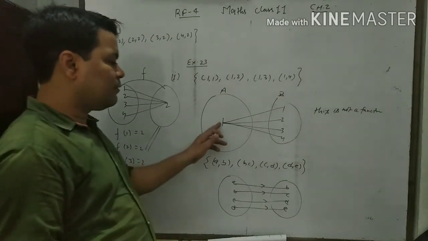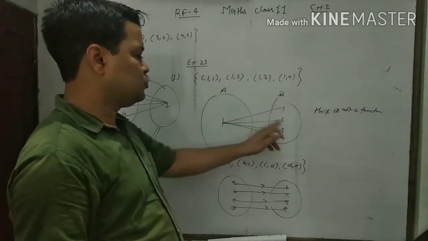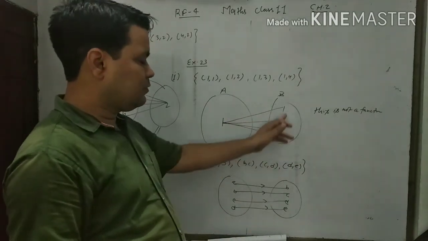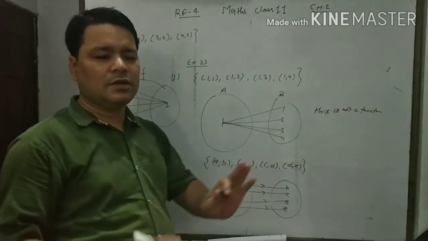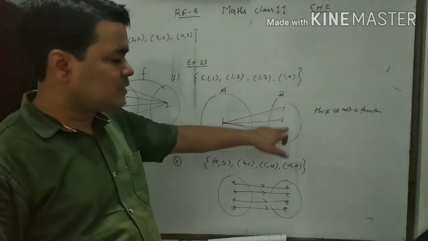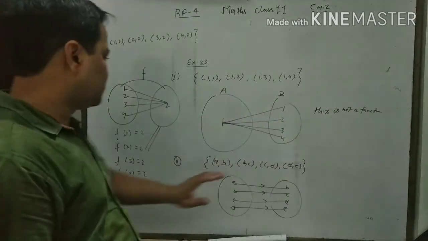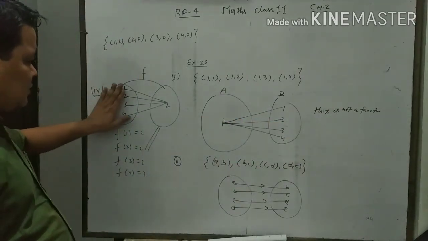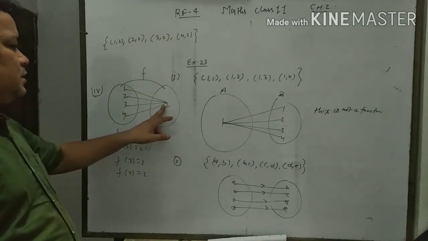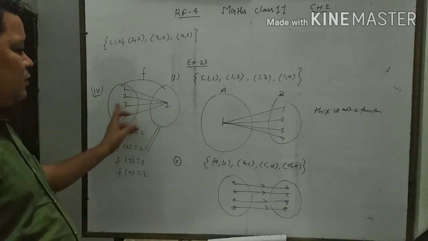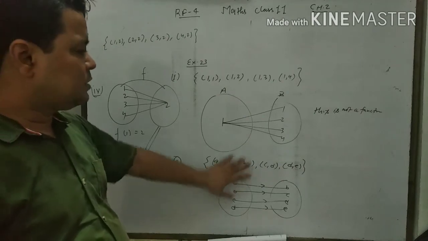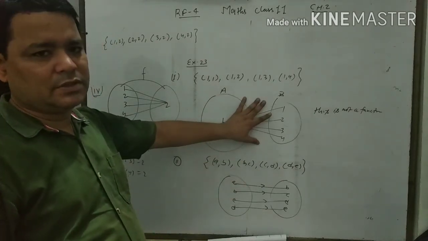But here f of 1 is equal to 1 also, f of 1 is equal to 2 also, f of 1 is equal to 3 also, f of 1 is equal to 4 also. This type of relation is not a function. Be very clear. If 1 is related to more than one element of B, then it is not a function. But if more than one element of the first set is related to a unique element of the second set, then this is a function. This is an example of a function, but this is not an example of a function.